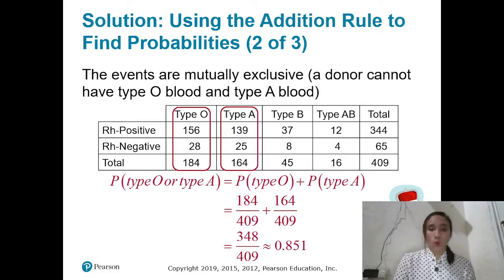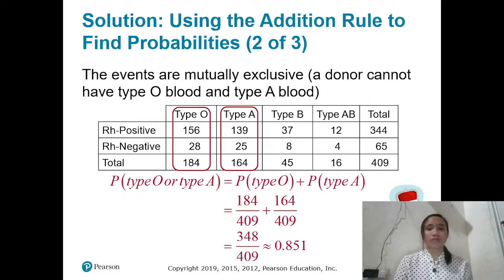So, the probability of type O or type A is equal to the probability of type O plus the probability of type A, which is 184 over 409 plus 164 over 409, where 409 is the total over Rh positive and negative.